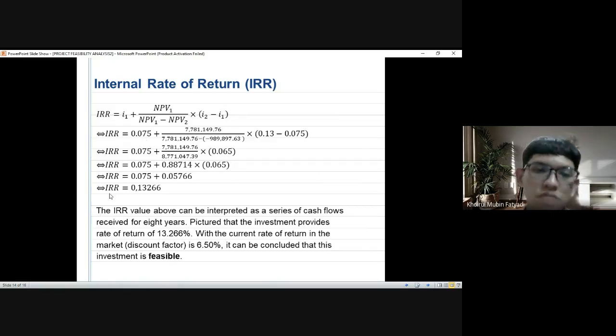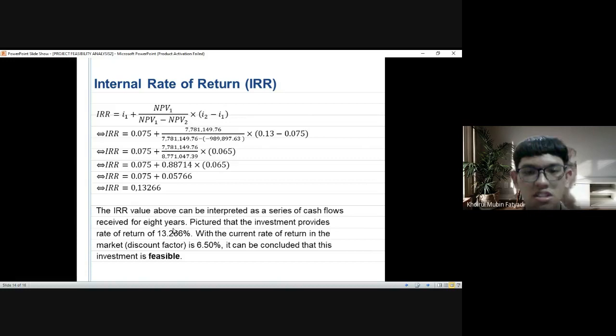So we get the IRR by the calculation. We get the IRR is equal to 0.13266. The IRR value above can be interpreted as the series of cash flows received for 8 years.